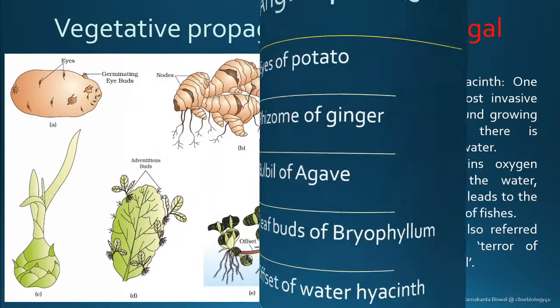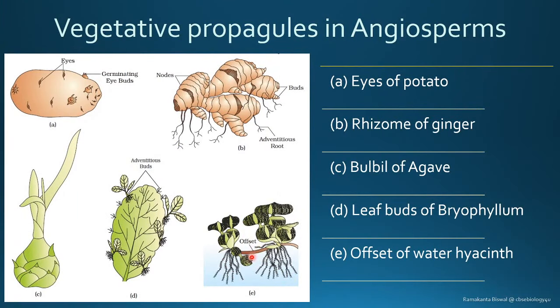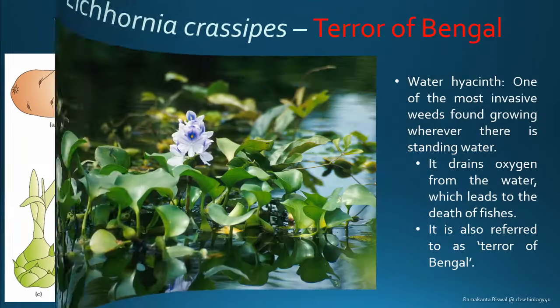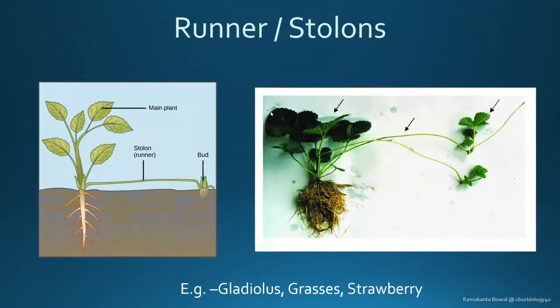Again, as you have learned, this typical plant, that weed, typically reproduces asexually with the help of structures called offsets. Now there are a few more asexual reproductive structures that you have to know about. One of them is called the runner or stolon.